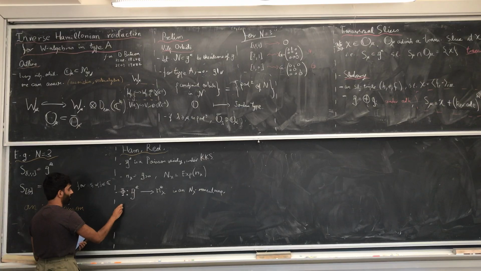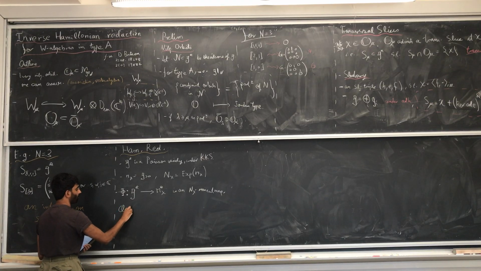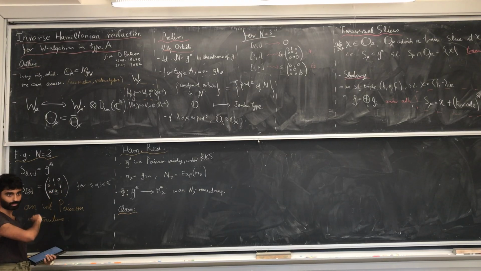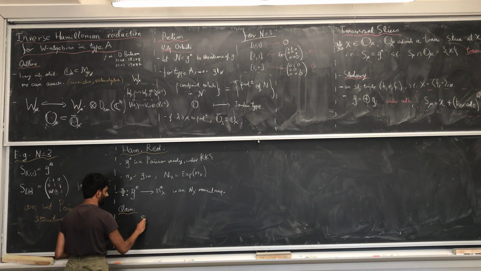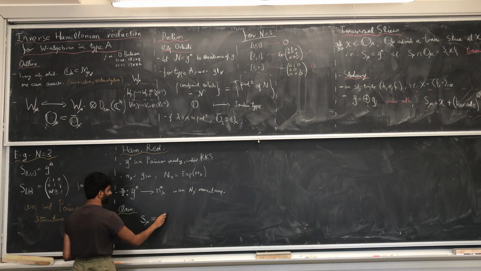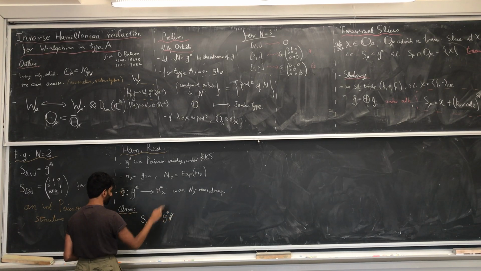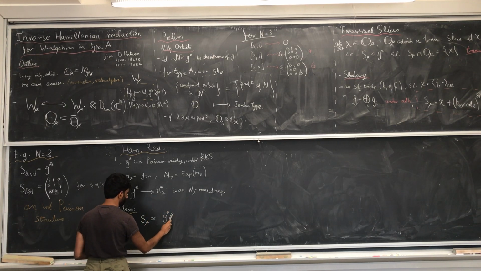And the claim is that another definition of these transversal slices is that they are isomorphic as Poisson varieties to the Hamiltonian reduction of G dual using this moment map at chi.